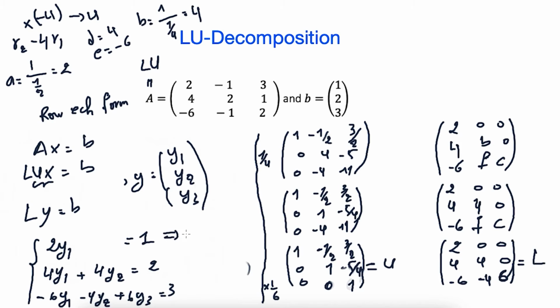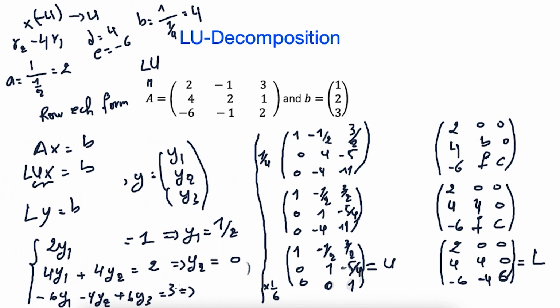So that means y1 equals 1 over 2, and when we replace y1, it will be 4 times y1, which is 4 times 1/2, it is 2. So as we have 2 minus these 2 here will be 0, so that means y2 equals 0. And when we replace y1 by 1/2 and y2 by 0, it will be -6 times 1/2, which is -3, so 6y3 minus 3 equals 3.